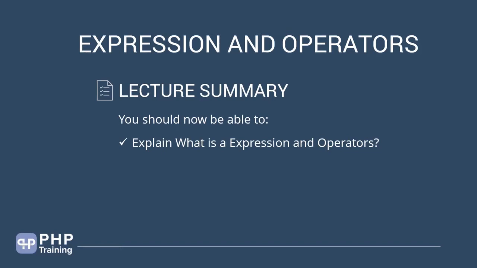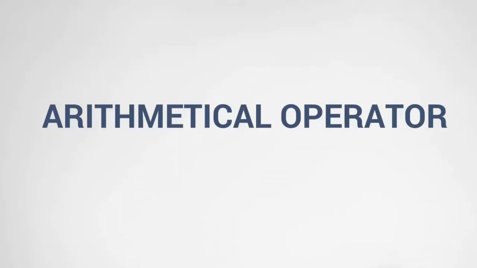An expression is basically the whole line, producing a result or final value, and an operator is basically the symbol you see that performs the operation on the variable. We have walked through the different types of operators which we'll go through in this section, so at a high level you know what types of operators we have. That's all for this lecture, and I'll see you in the next one.